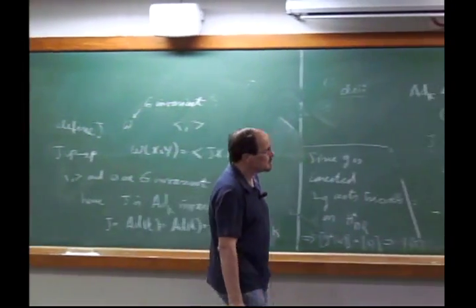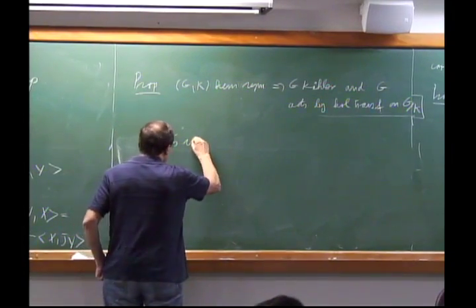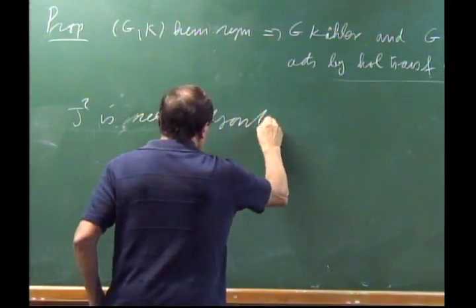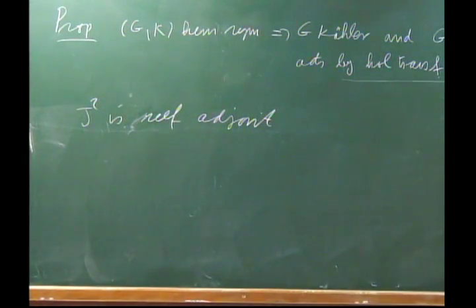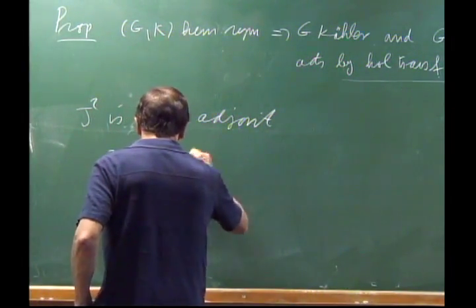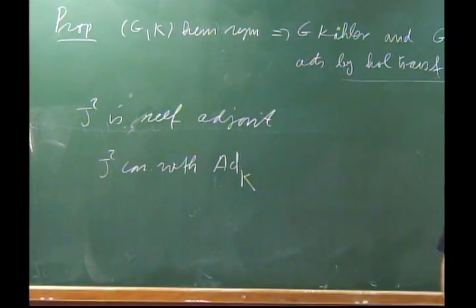But I can do the following. I claim that J squared is symmetric, or is self-adjoint. If I take a skew symmetric, its square is symmetric. So skew adjoint squared is self-adjoint. Because it also commutes with Ad K, what does that imply?